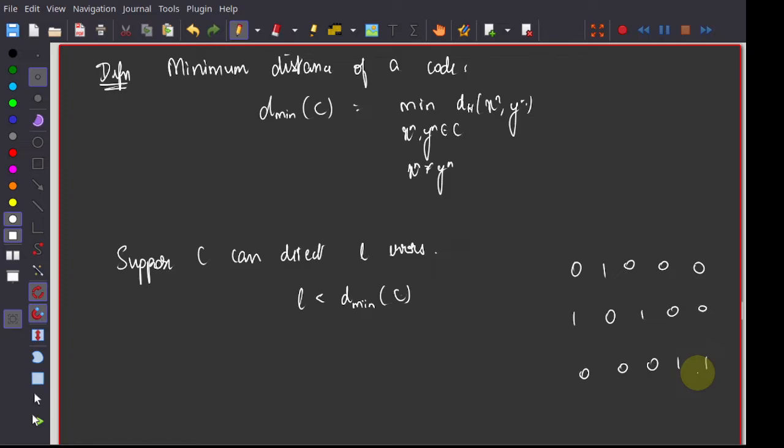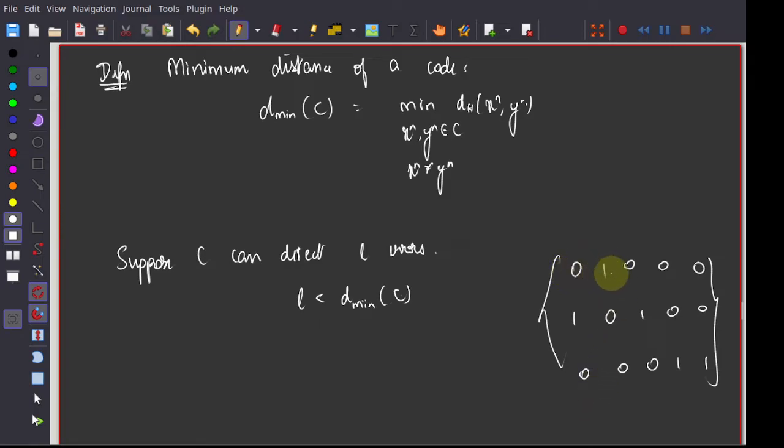So what is the minimum distance for this particular code? 3. What is the distance between the first two? 3. The distance between the second and the third? 4.